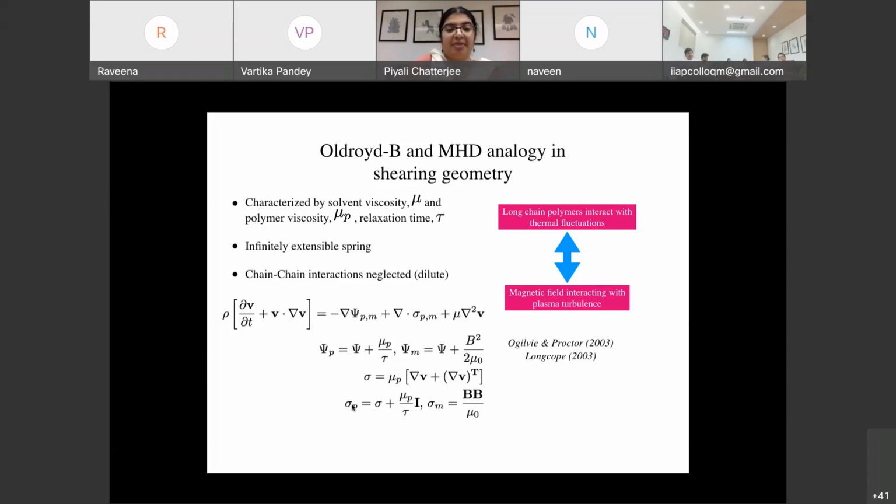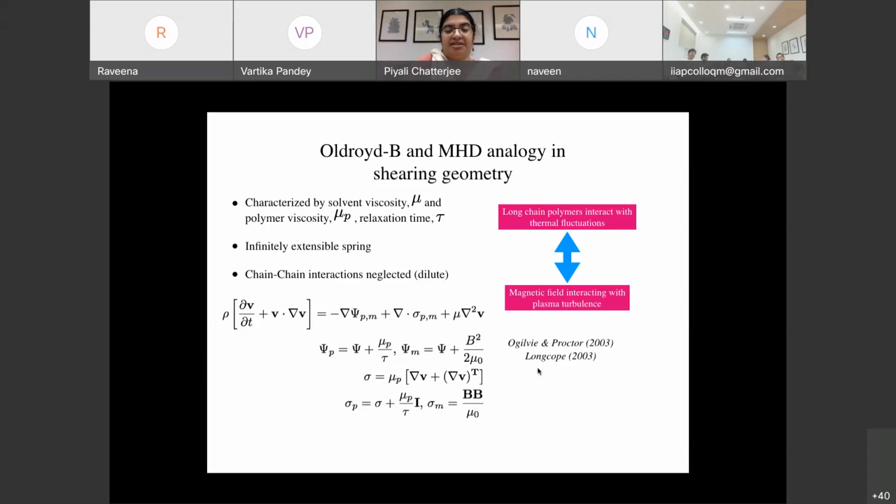So this sigma p has a trace which is zero, whereas sigma is a tensor in which the trace is non-zero. And sigma m here is basically the Maxwell stress tensor, from which you have subtracted out the B squared term.